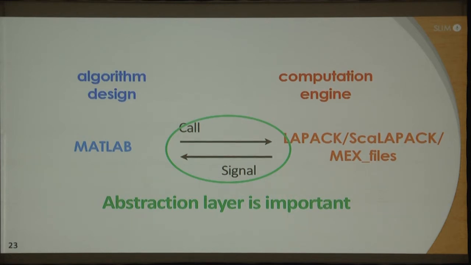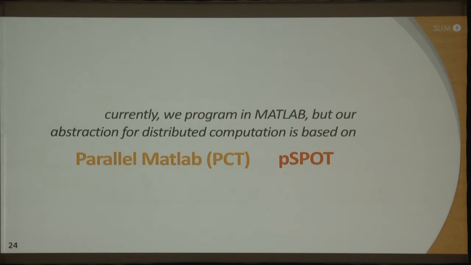So this thing is very, very hard to balance, and it's obviously an open problem of how to design abstraction layers across all different parts of computation. But it's something that we at SLIM have taken advantage of to do parallel computations. Okay, and that abstraction layer is parallel MATLAB.